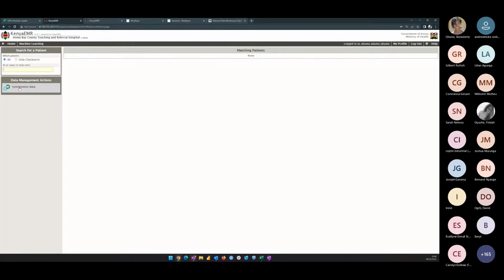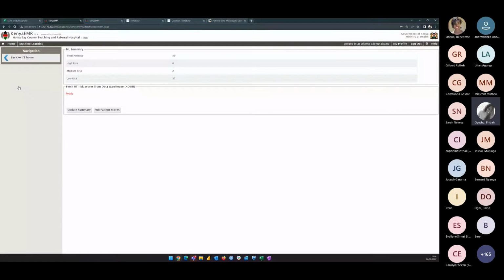So you click on synchronized data. If you're doing this for the first time, you will see an empty ML summary. But if it's not the first time, like you can see from my screen, I already pulled some risk scores, so you can see some risk scores.